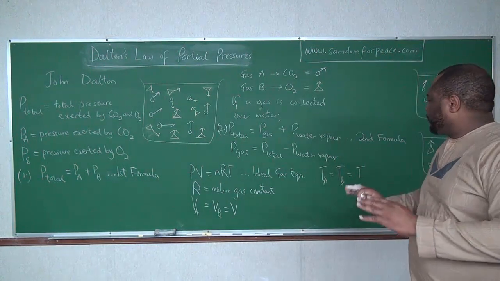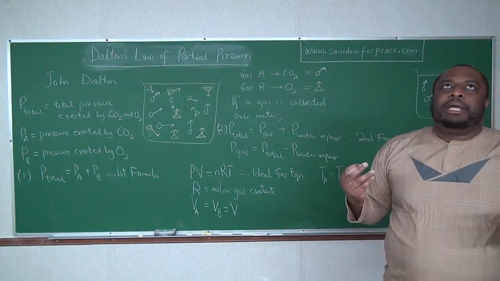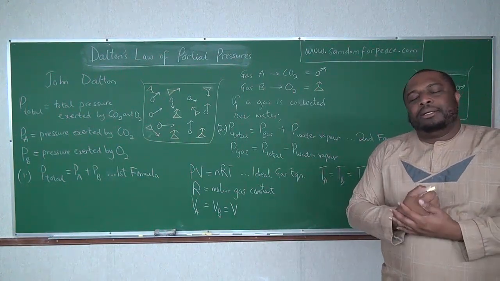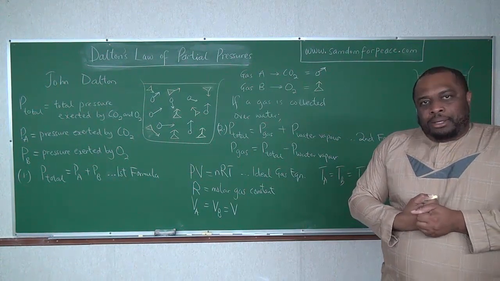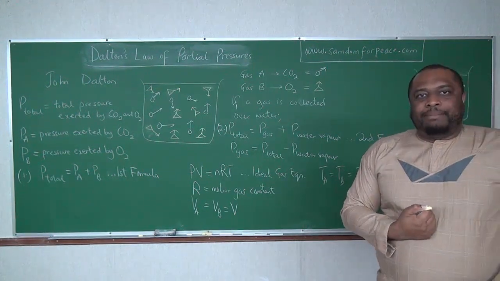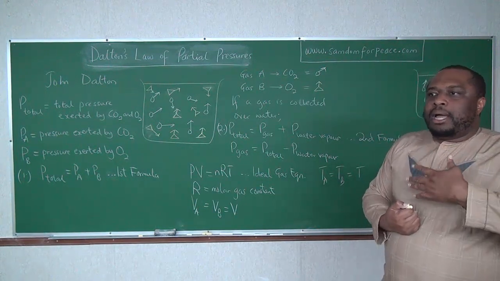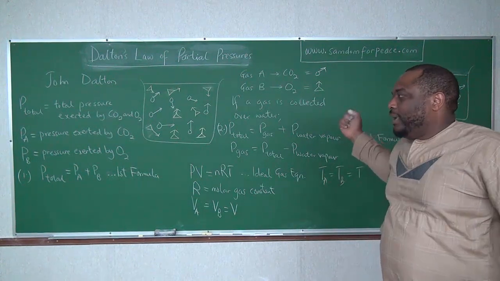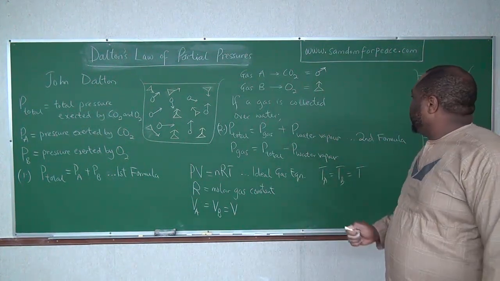Sometimes you are given only the number of moles or the reacting masses. They expect you to know the molar mass anyway. They give you the reacting masses and they want you to find the partial pressure. And then you might say, hey, how do I find it? It's not in the first formula, it's not in the second formula.